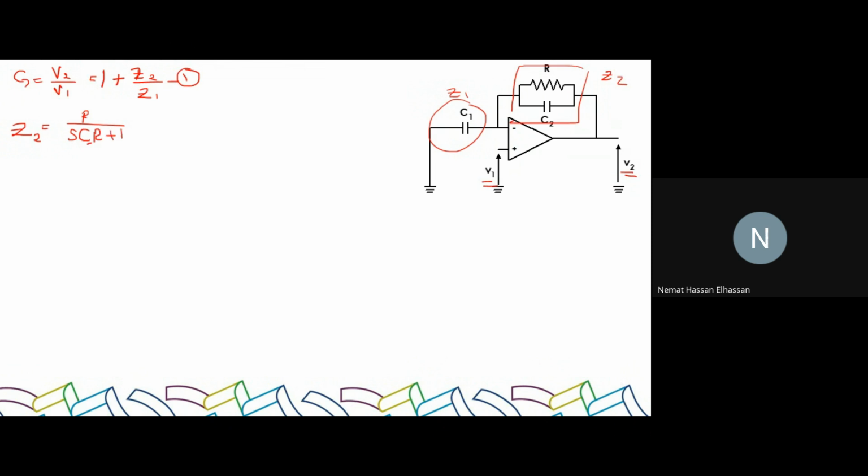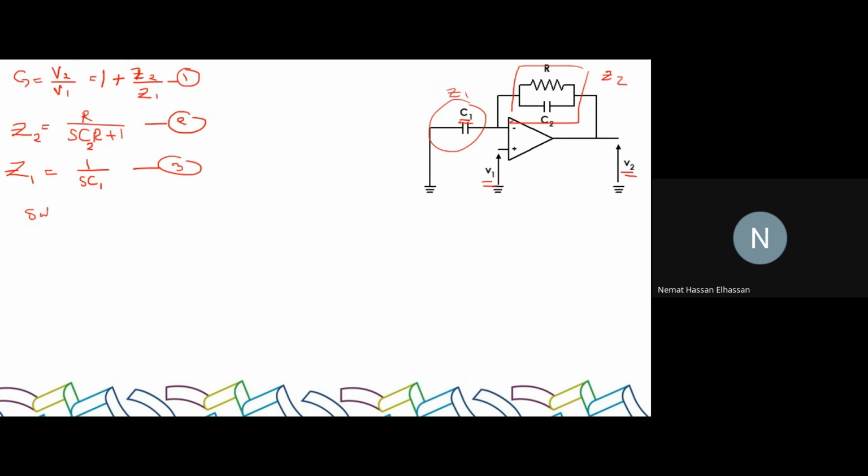Correct? Clear so far? Let's call this equation 2. And Z1 is equal to what? ZC1, right? The input is the same. ZC1 is 1 over SC1. Make sense? Okay.